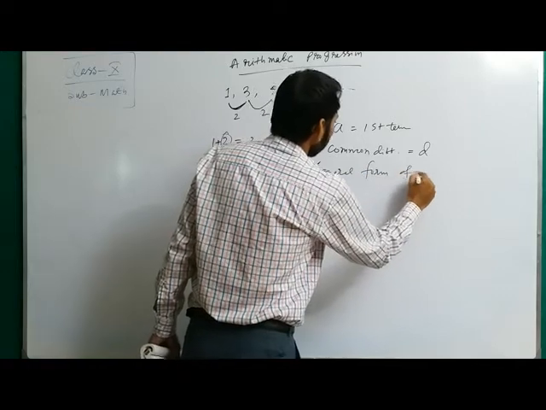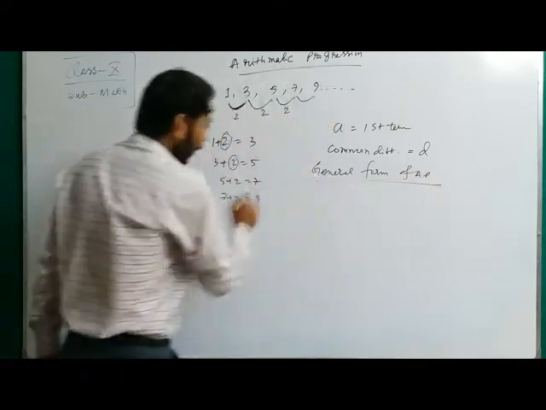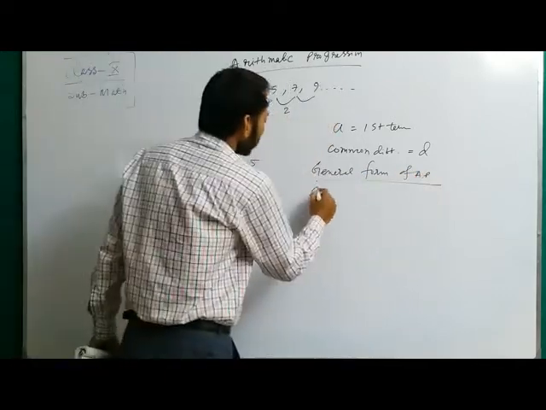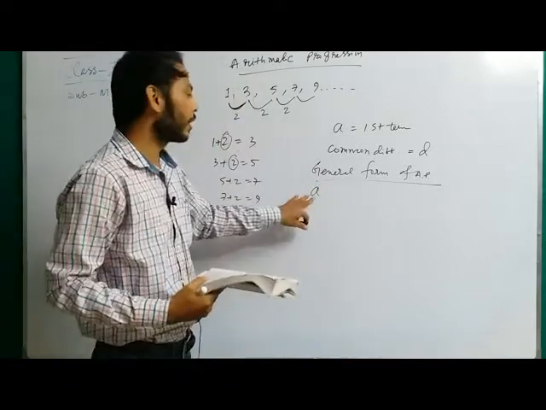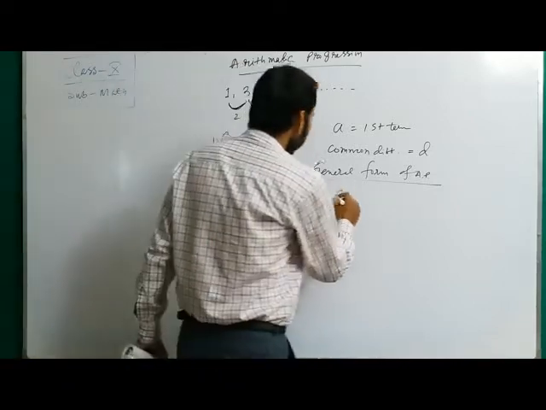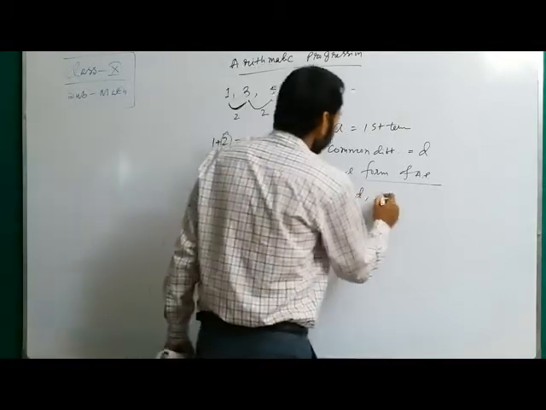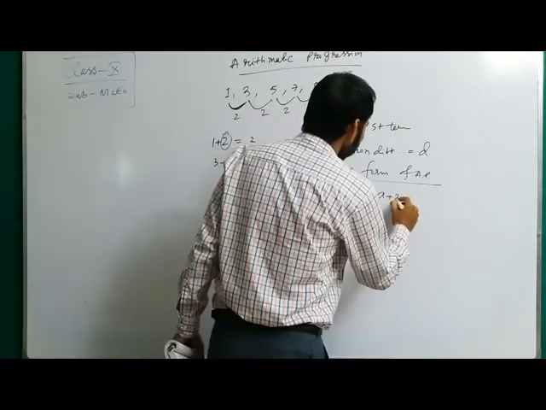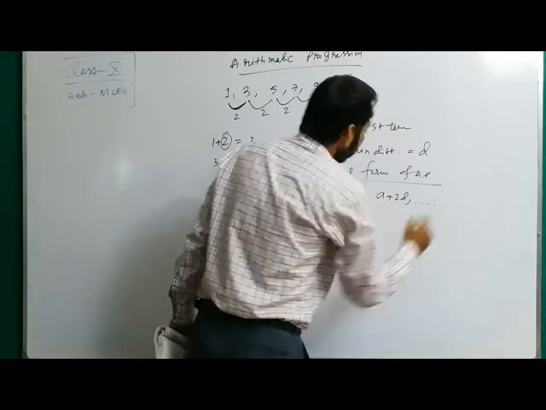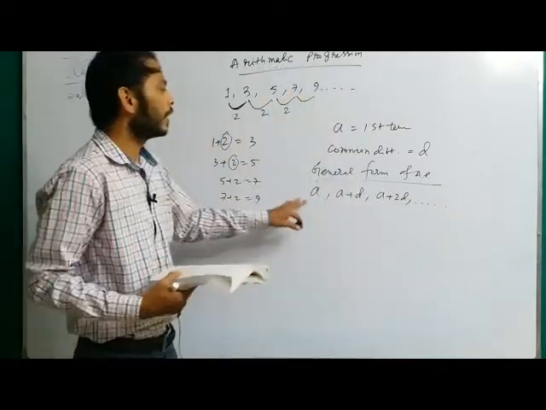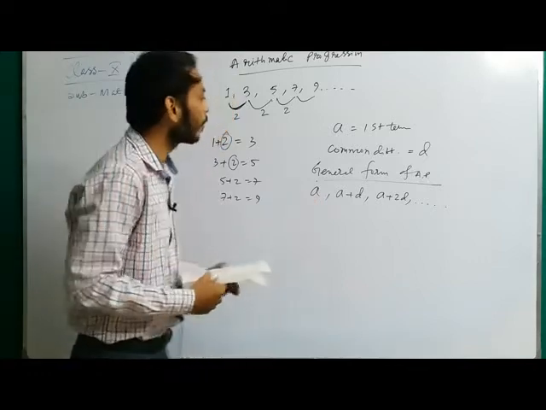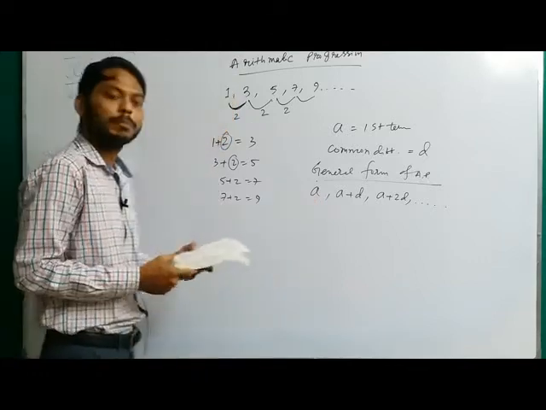General form of AP, arithmetic progression means AP. If the first term is a, it starts with a, then we get the second term as a plus d, then again d is added to the second term, we get the third term a plus 2d. In this way we get the AP. This is the general form of the arithmetic progression.